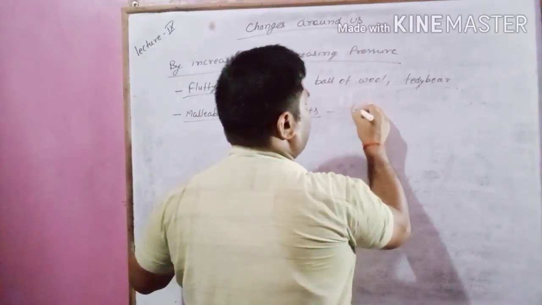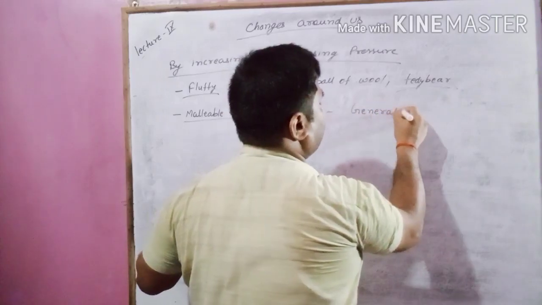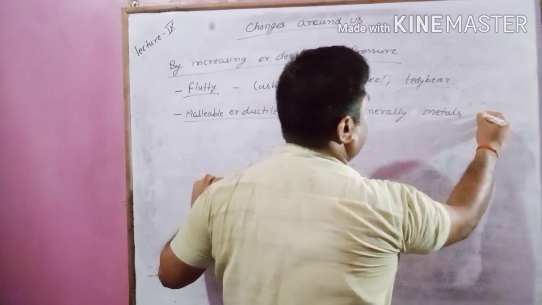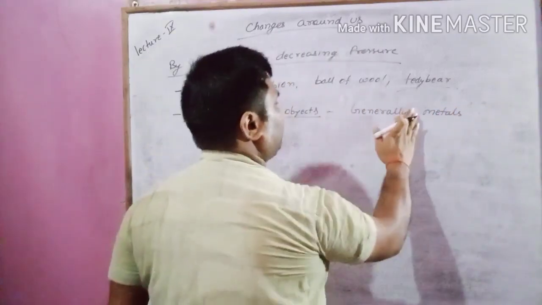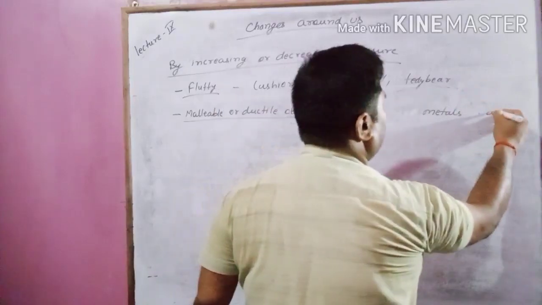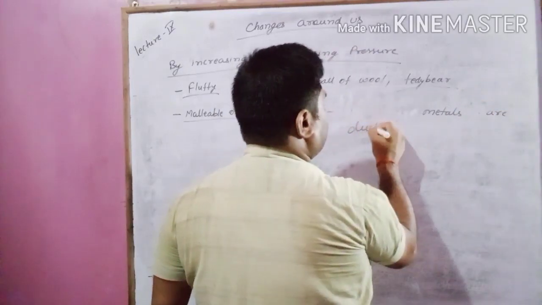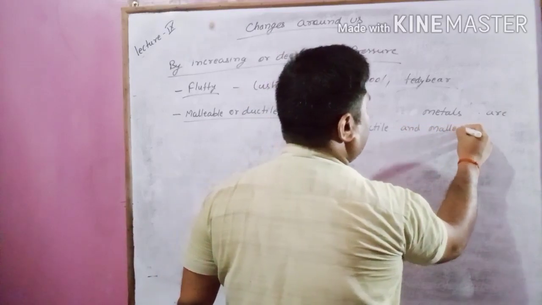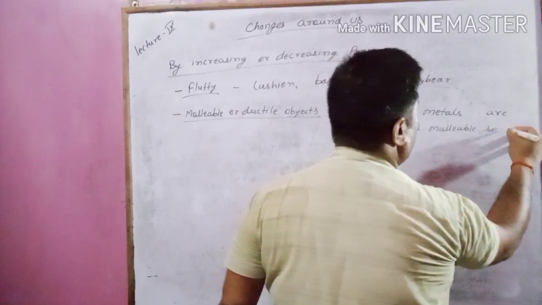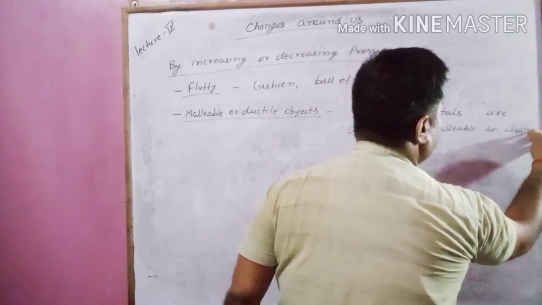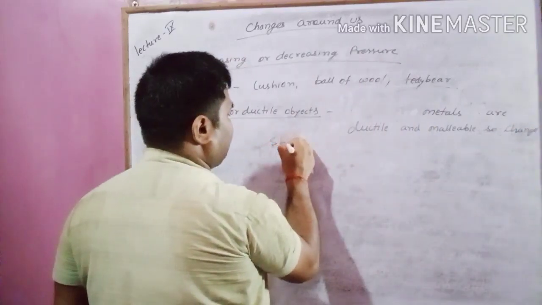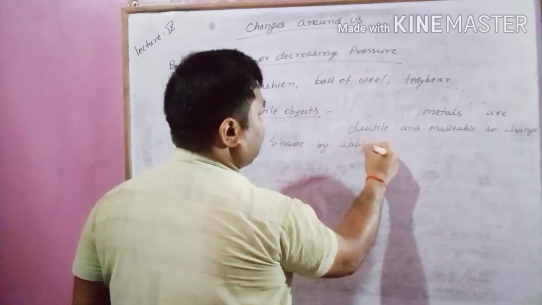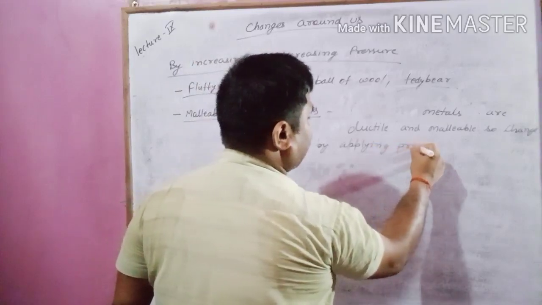So generally metals are ductile and malleable, so they change shape by applying pressure.